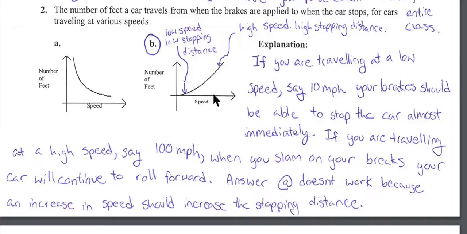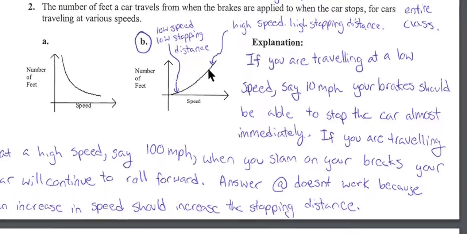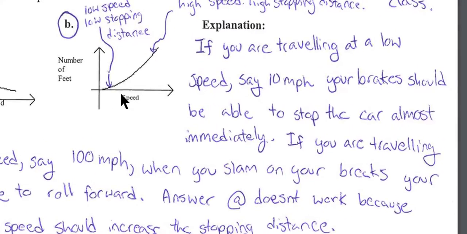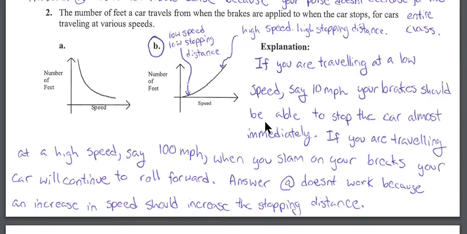But if you were traveling, say, 100 miles per hour, the number of feet required to stop would be a large amount, right? So if you were in Brookdale's parking lot traveling, say, 10 miles an hour, the number of feet required to stop, I don't know, maybe it's 10 feet, 15 feet. But if you were traveling 100 miles an hour, the number of feet required to stop would certainly be greater than 10 or 15 feet. So the greater your speed, the greater the number of feet required to stop.